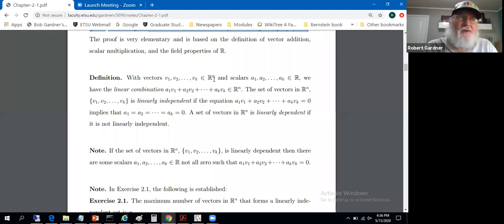And when we get to the eigenvectors and eigenvalues, we'll maybe have to talk in passing at least about complex numbers. But take vectors from Rn, take scalars from the reals. A linear combination resulting from those vectors and scalars is first scalar times first vector plus second scalar times second vector, and so forth. You know what a linear combination is.